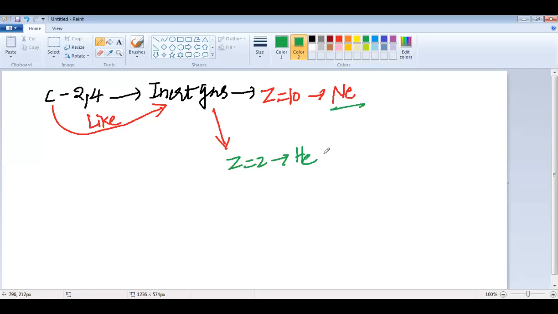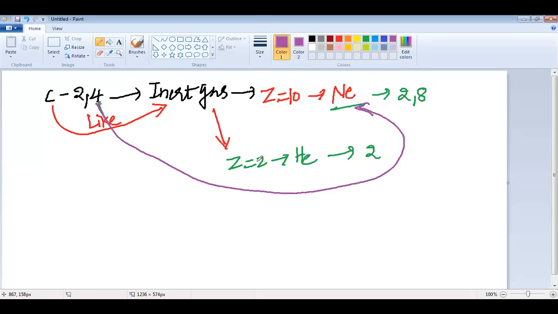The electronic configuration of helium is 2. The electronic configuration of neon is 2, 8. To convert carbon like neon, we will have to add 4 electrons. When we add 4 electrons, 2, 4 turns to be 2, 8.